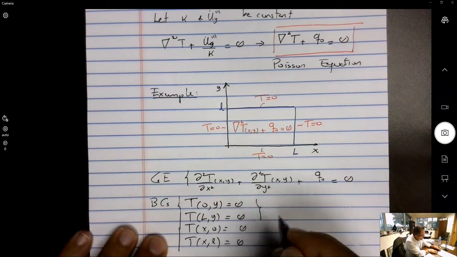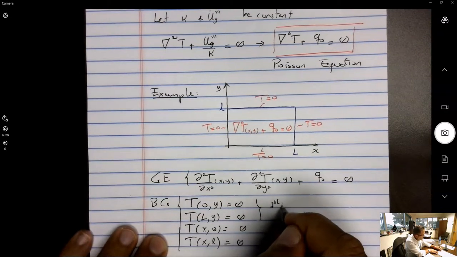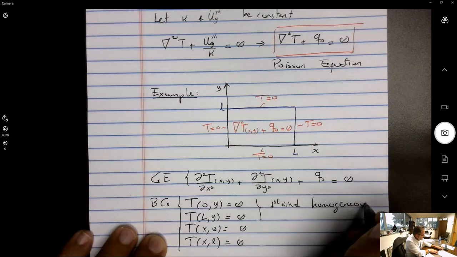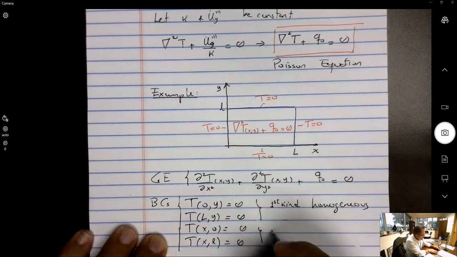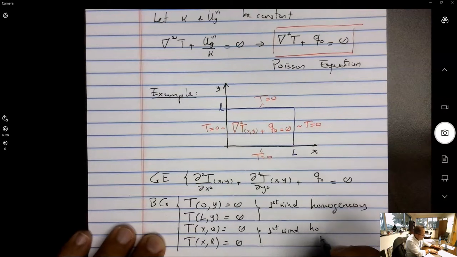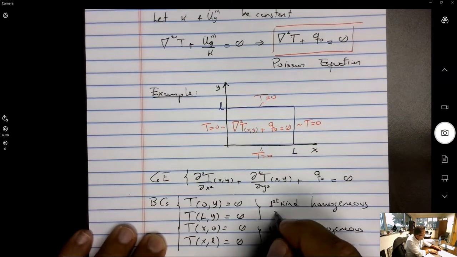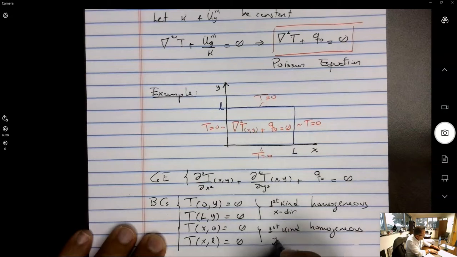So this in the x direction is first kind homogeneous, and in the y direction is first kind homogeneous.